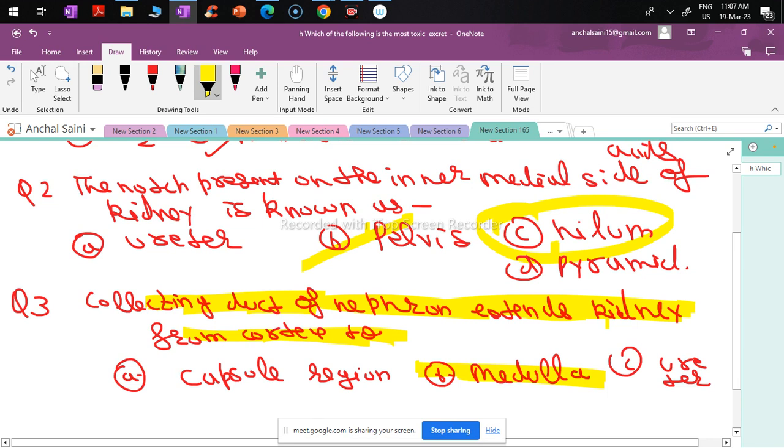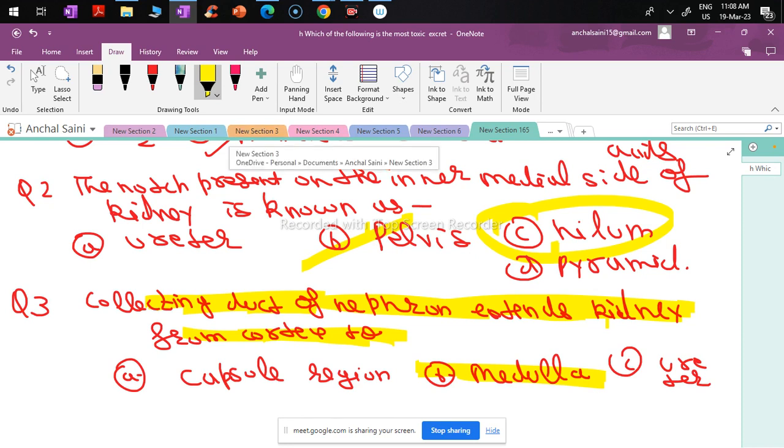And medulla is the innermost part of the kidney. Capsule region, or renal capsule, is a fibrous layer that surrounds the kidney, whereas medulla is the innermost part of the kidney, and hilum is a deep notch or cavity present in the medial portion of the kidney.